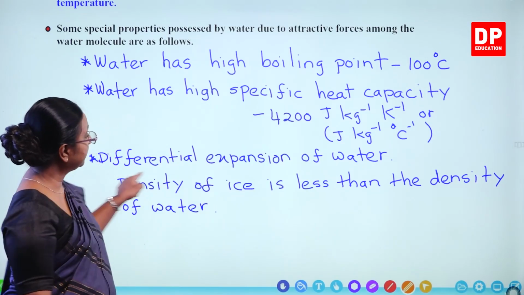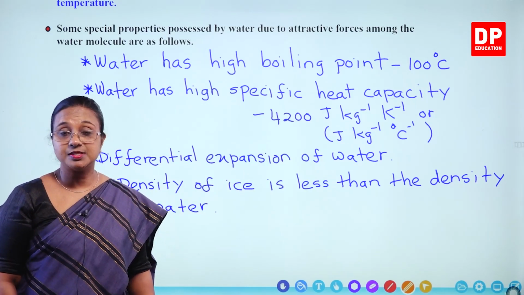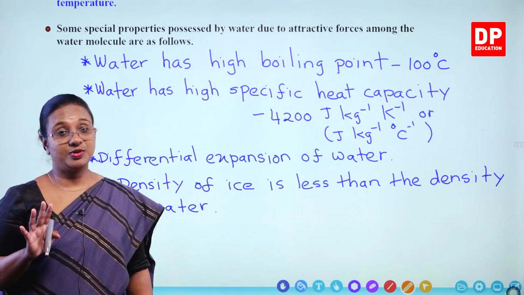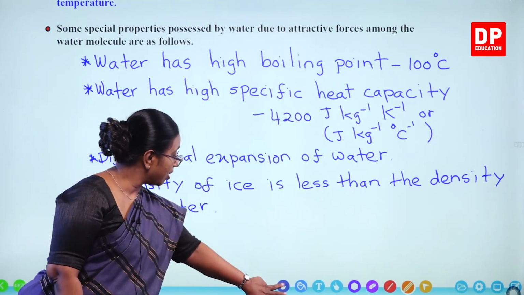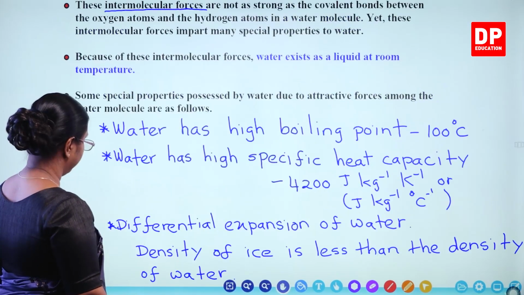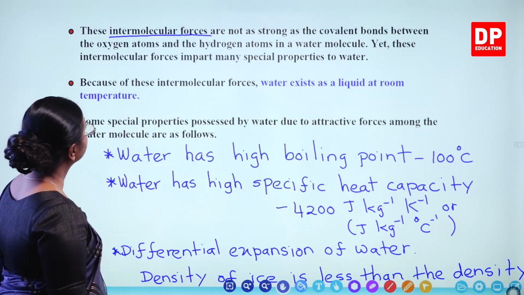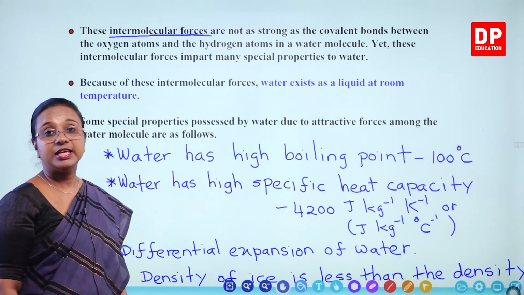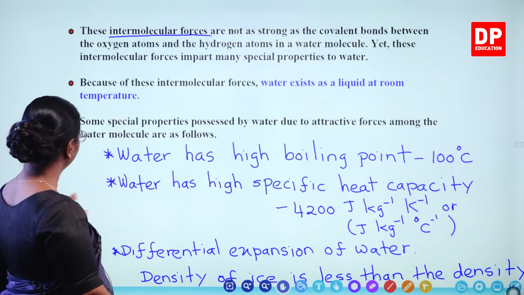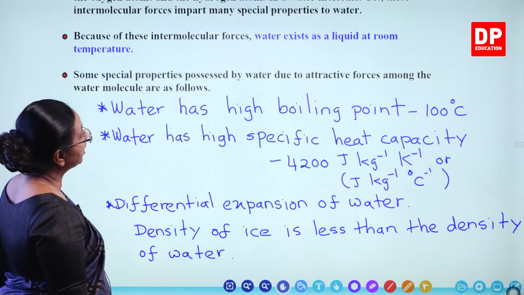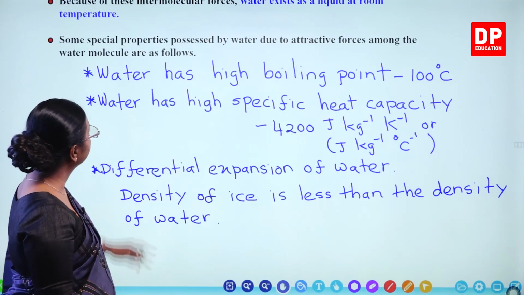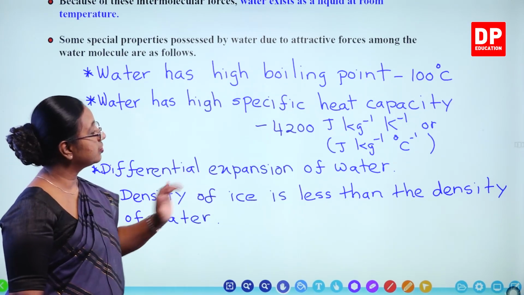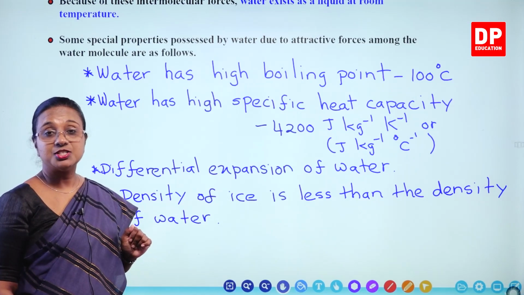That is what we discussed as differential expansion of water. You all can remember that, I am sure. So those are all special properties due to this intermolecular force. One thing, water exists as liquid at room temperature. Then water has high boiling point, water has high specific heat capacity, and also it shows differential expansion.